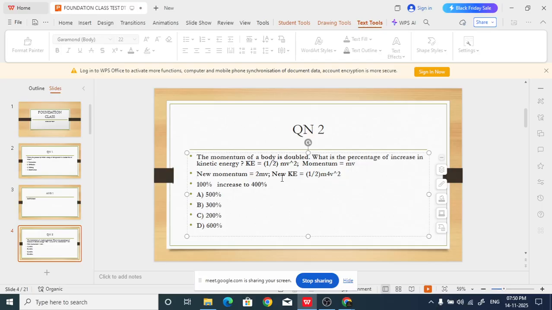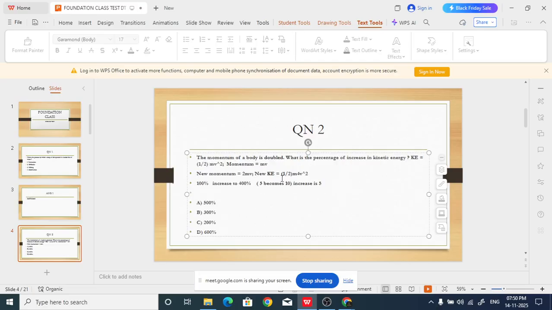In other words, the 5 becomes 10, which means the increase is 5. This is a problem with many students. Percentage increase is equal to the quantum increased, that is 5, divided by the original amount, that is 5, into 100.